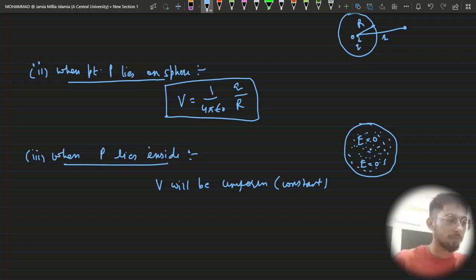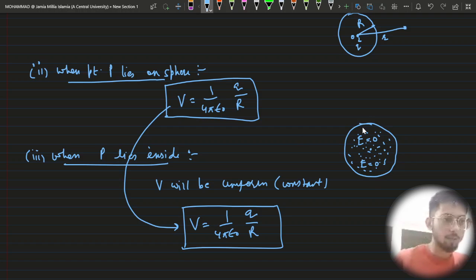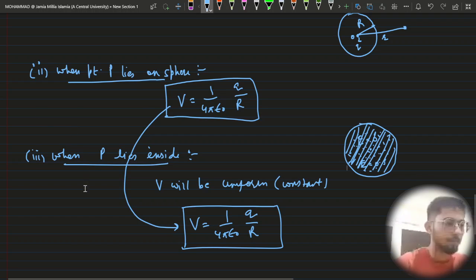So the electric potential due to a uniformly charged spherical shell is constant inside the shell, and its value will be the same as that on the surface. The same electric potential will be at any point inside it.